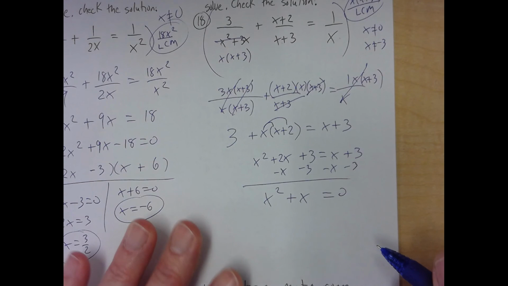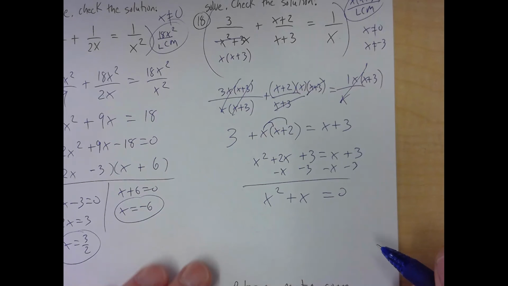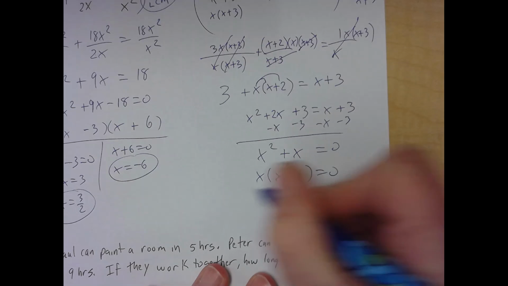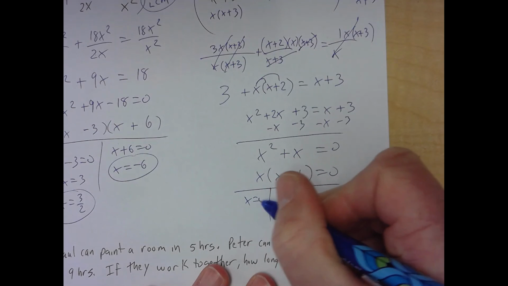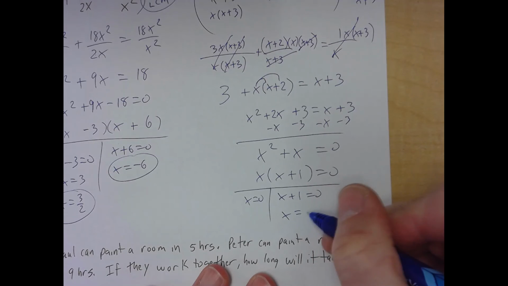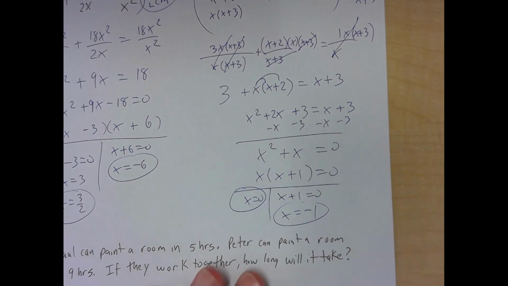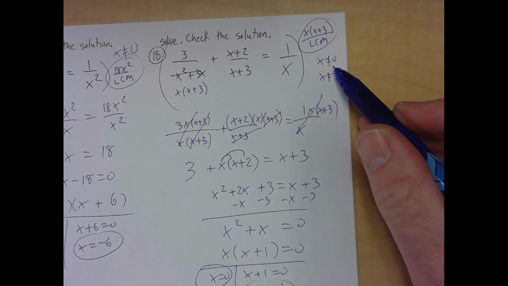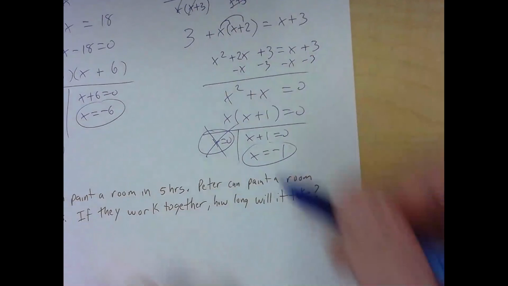Now this kind of factoring here is taking out the common factor. Zero product property, x equals 0, x plus 1 is equal to 0, x equals negative 1. Now there should be a warning light going off in your head, because x can't be 0. So that means this is the extraneous solution.